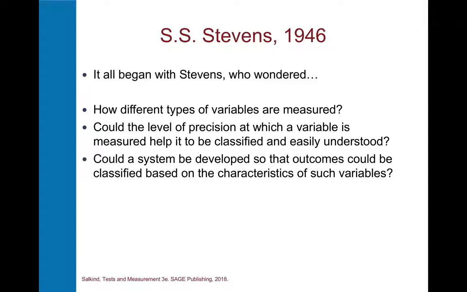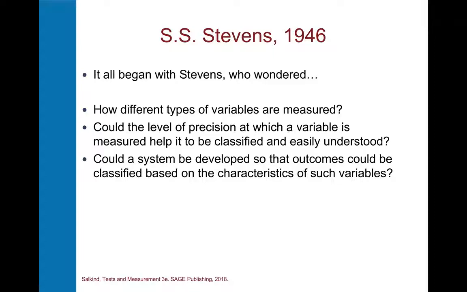So how did it all start? It all began with S.S. Stevens about 70 years ago in 1946. He started to wonder about how different types of variables can be measured and whether the level of precision at which those variables are measured might be classified so they can be more easily understood.